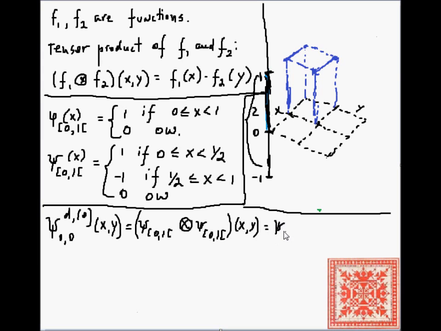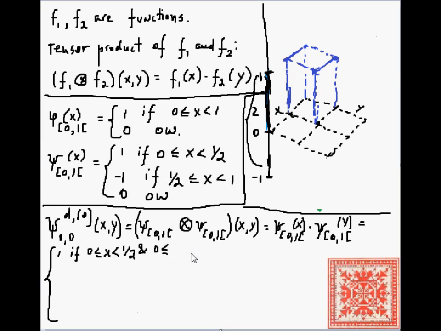So this is psi of x times psi of y. Okay, and so if we work out all of the cases, the value of the two-dimensional diagonal wavelet is equal to 1 if x is greater than 0 and less than half, and y is greater than 0 and less than half, which is what we drew with that small blue cube.